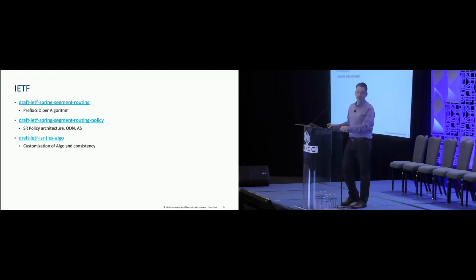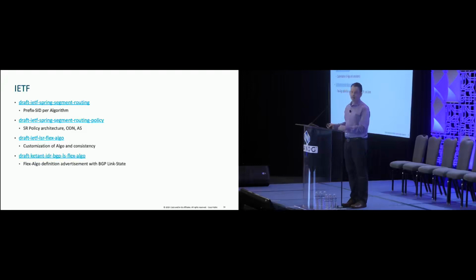But the new draft that for sure some of you may have noticed is the third draft on the slide that defines the extensions to ISIS and OSPF to advertise the definition of a flex algo. We called it the FAD.